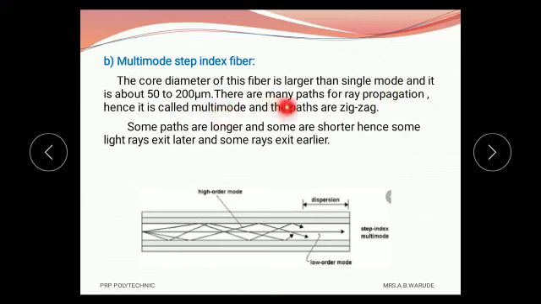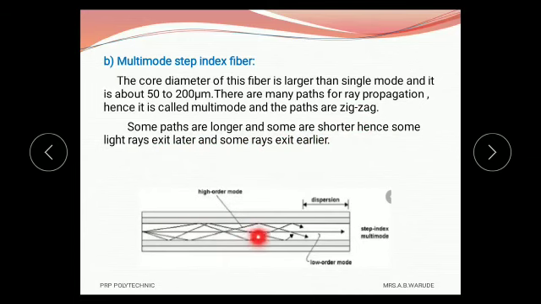As there are many paths for ray propagation, hence it is called multi-mode, and the paths are zigzag. Some light paths are longer and some are shorter, and hence some light rays exit later and some rays exit earlier. See this diagram.